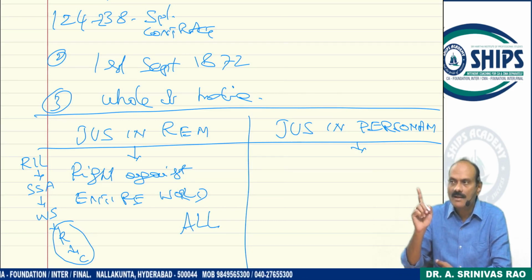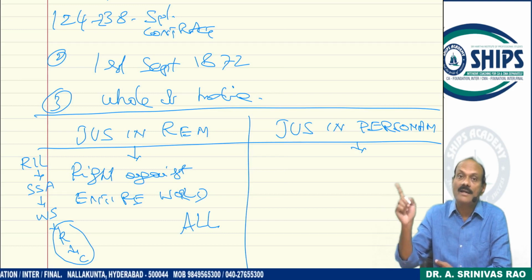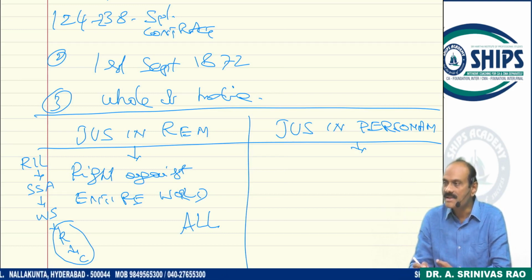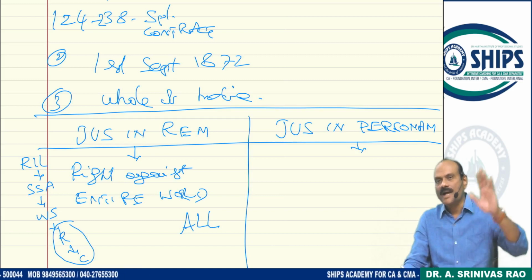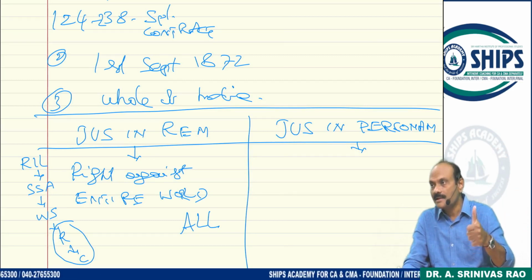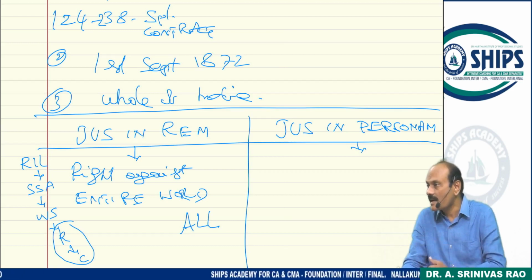That is called right against the entire world, which means every person who is either directly or indirectly involved. Against them, I have a right. That is called right against the whole world. Nothing but jus in rem.